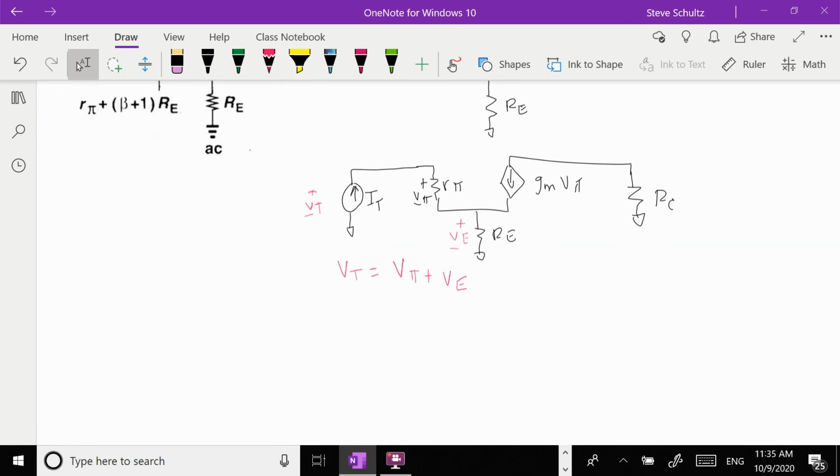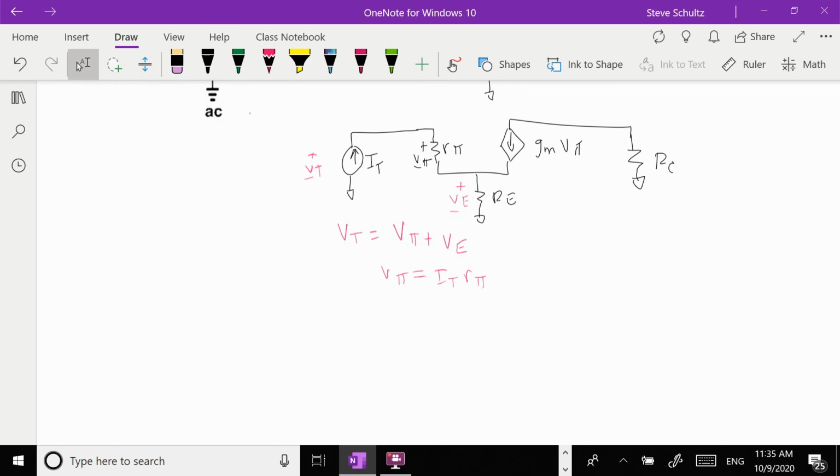So the first one is pretty easy. V pi is just going to be equal to IT times R pi, because we know what the current's going through it, and so V equals IR, Ohm's law. Then we could do the same thing for determining the current that's going into here. What we see is this current right here is IT, and then this current right here, which we'll find out, adds together to get that current that goes into there.